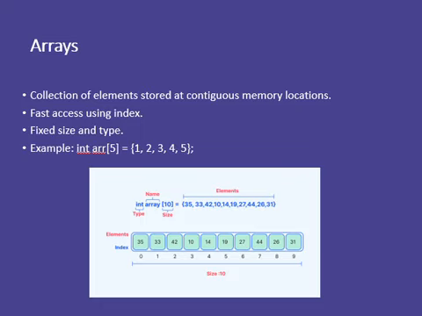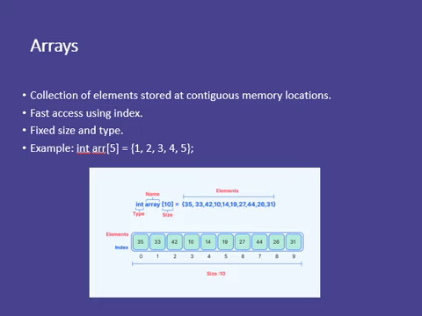And the third point is zero-based indexing. This means that in some programming languages the indexing starts from 0. The first element is accessed with index 0, and the second element with index 1, and so on.